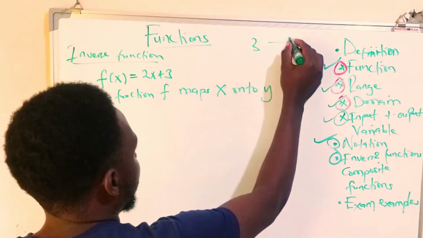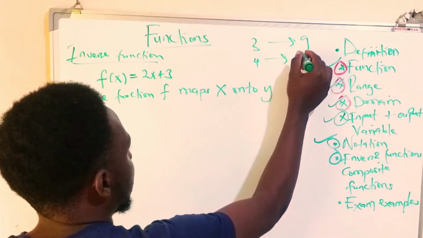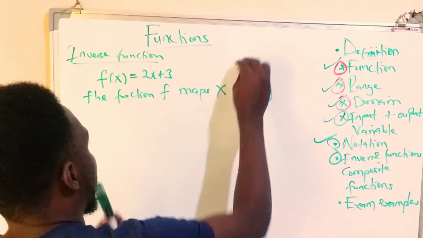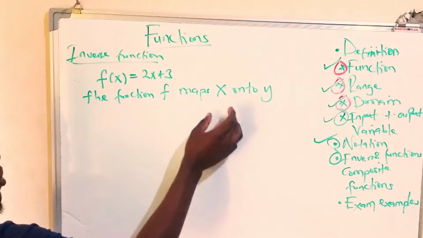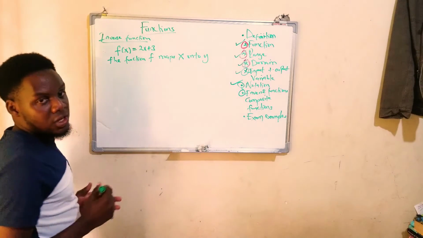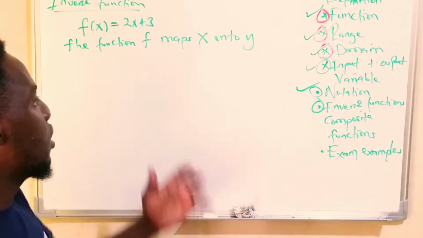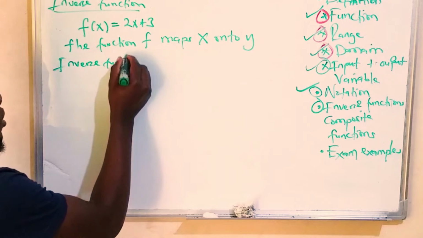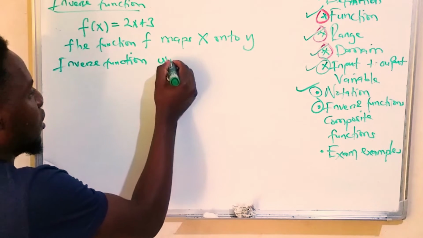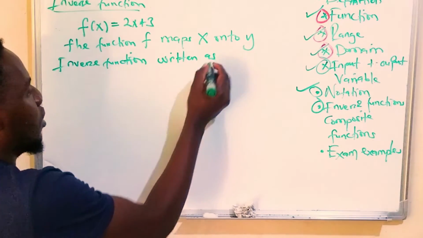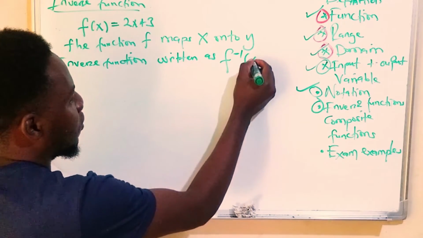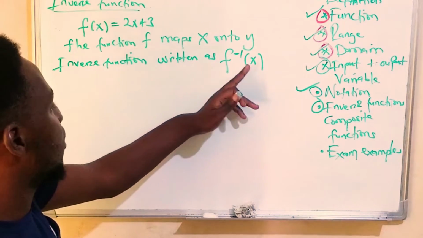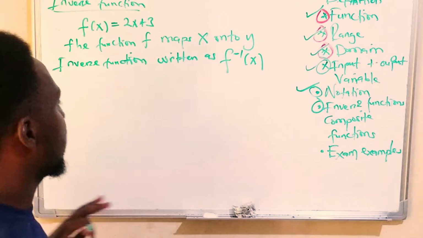Now, we had 3 mapping onto 9, 4 onto 11, and so on. So this function is mapping x variables onto y variables. An inverse function is a function that reverses this mapping. It is written as f negative 1 of x, which shows that this function is an inverse function.